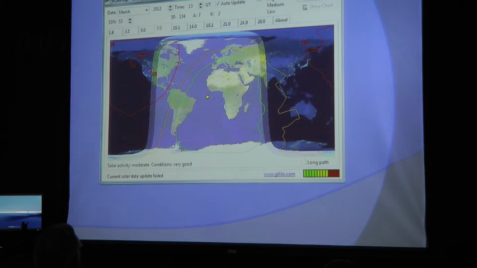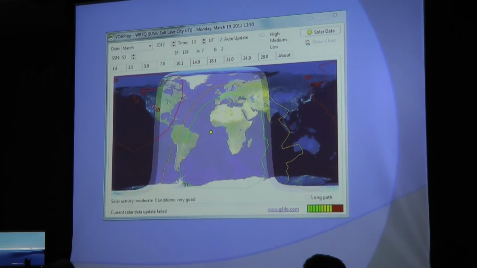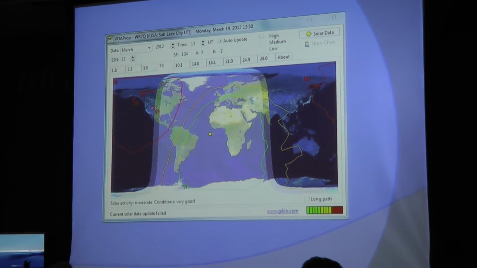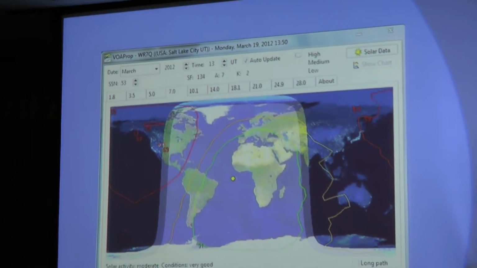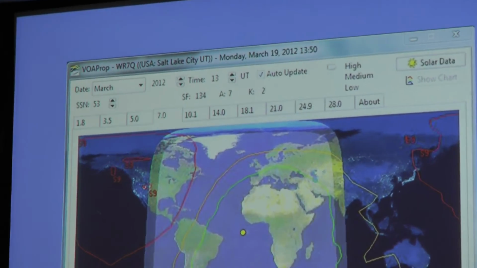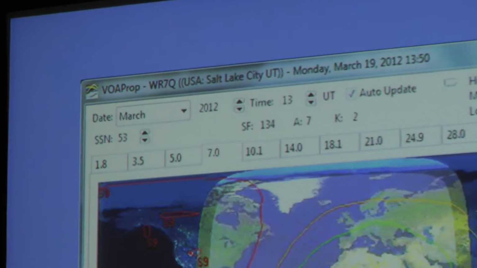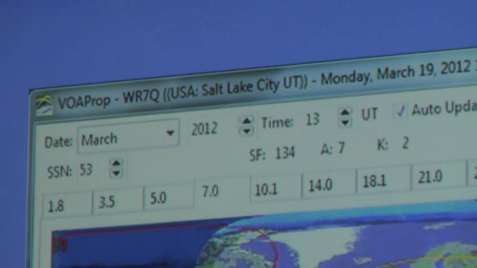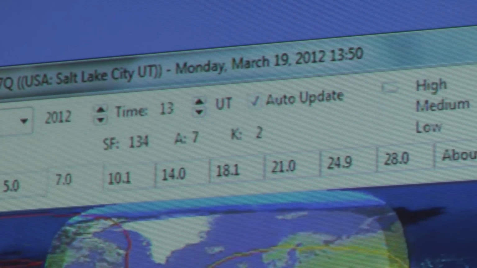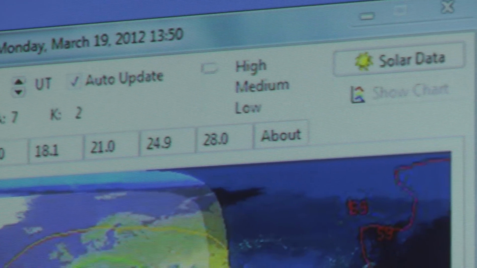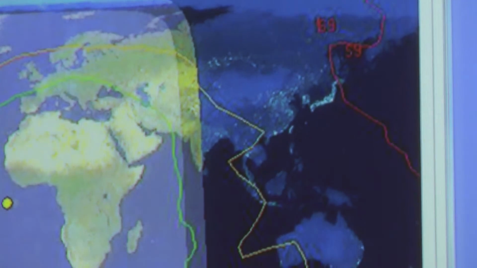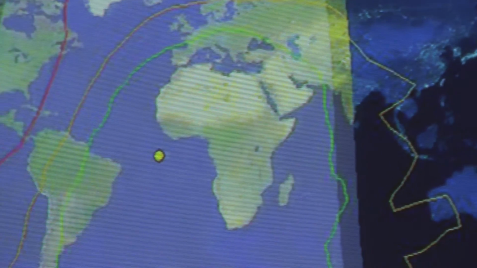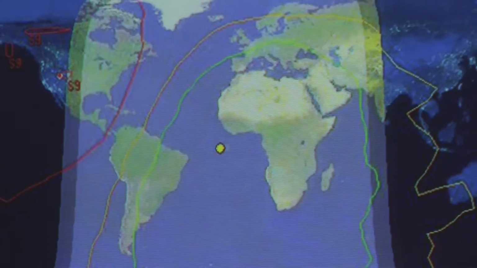Here's another chart. I bring this up for a couple reasons. There's a software program out there called VOA Prop. It's a great prediction program. Some of it's free, some of it you can pay for, but it's good. This shows where gray line is. I'm going to be talking about gray line in a minute, but this little yellow dot in the middle, coincidentally, is the sun.